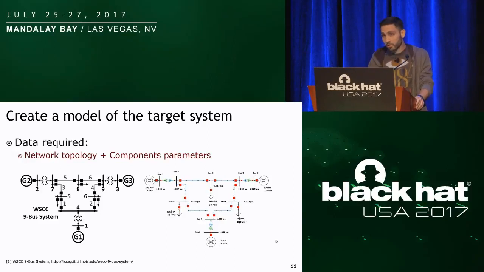For a power system model to be sufficient for evaluating, for example, the effects from power outages, it is necessary to be aware of two things. First, we need to know the topology of the network, and also we need to know some of the components' parameters.